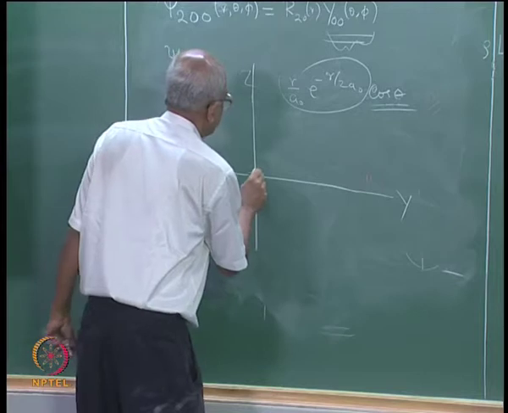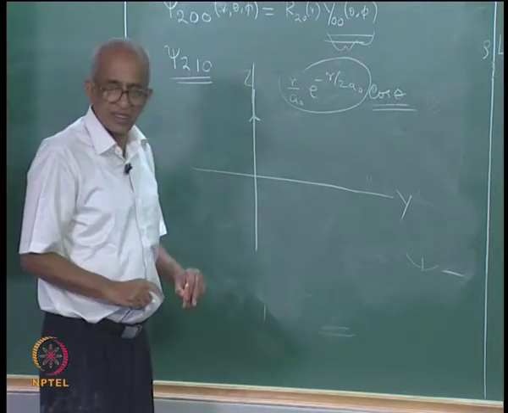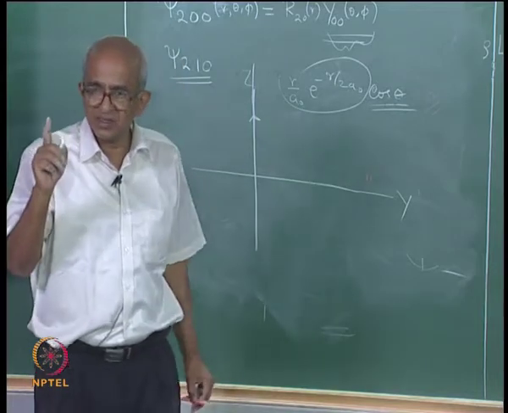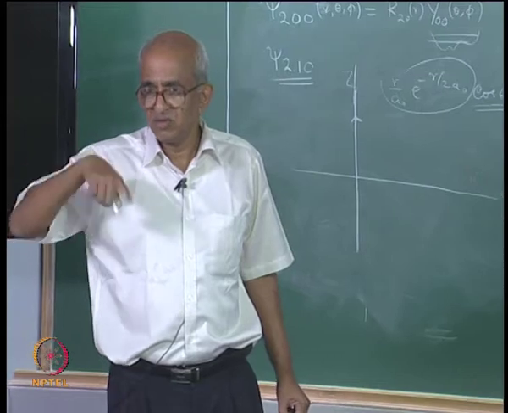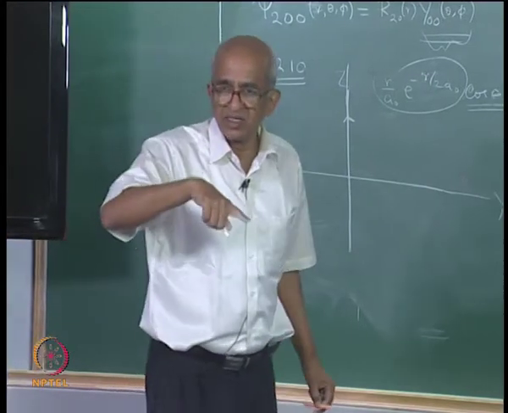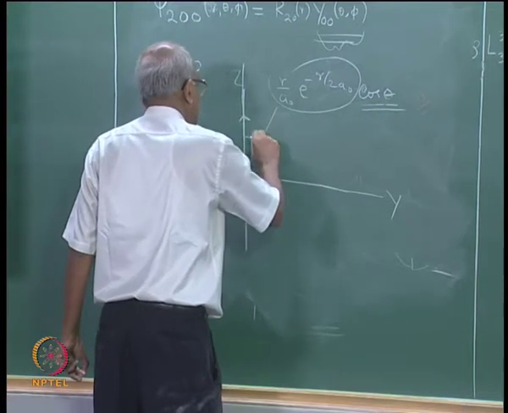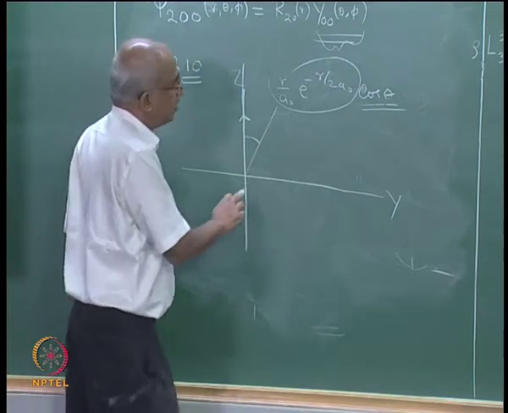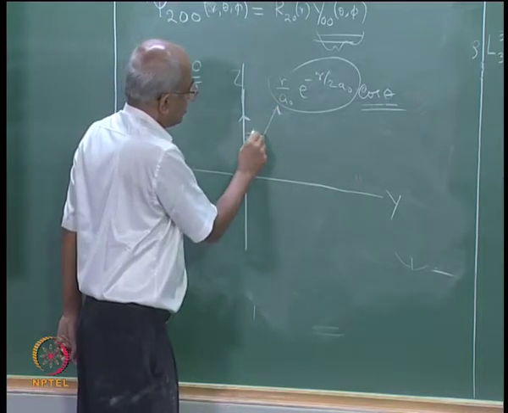I will first think of this direction in space, the z axis. What is the definition of theta? Theta is the angle between the direction and the positive z direction. You see, if your direction is this one, then this is your theta, remember.